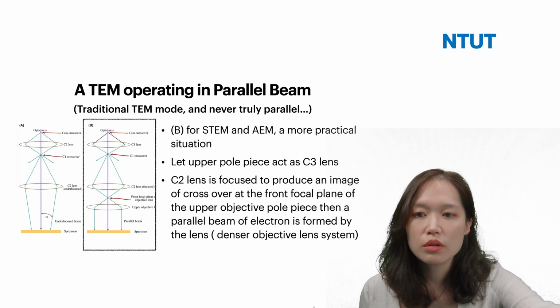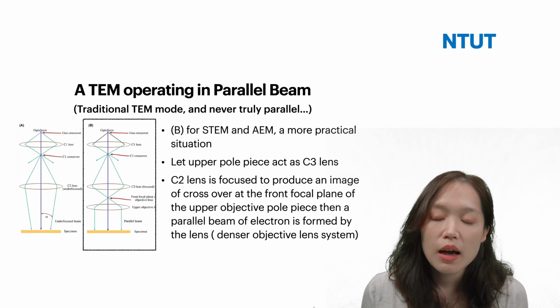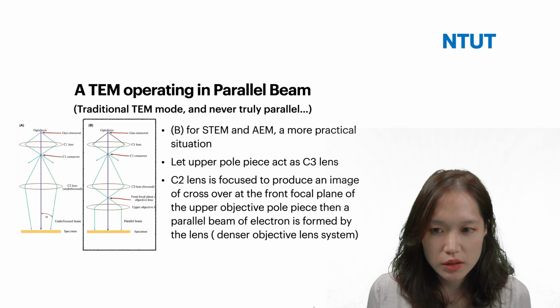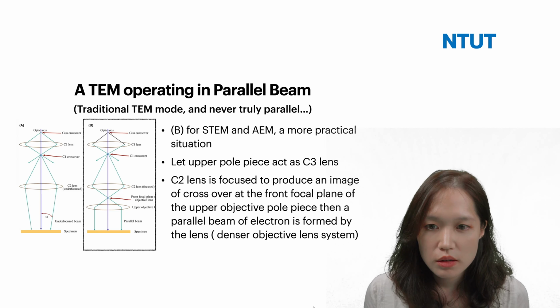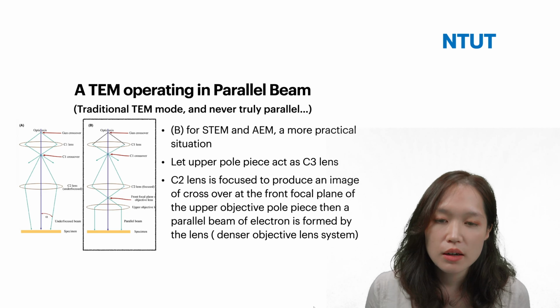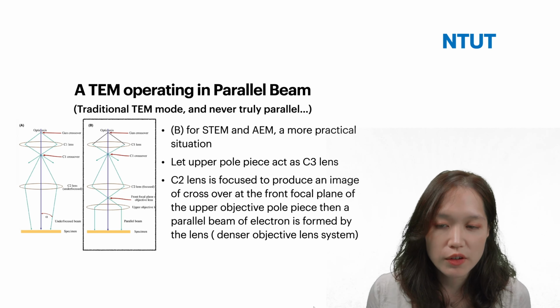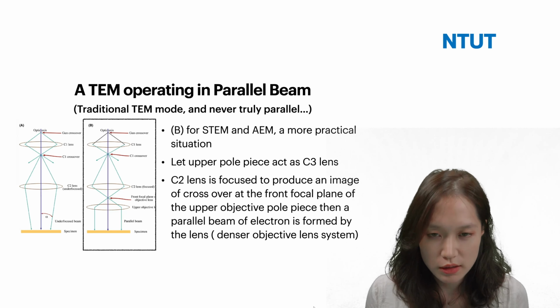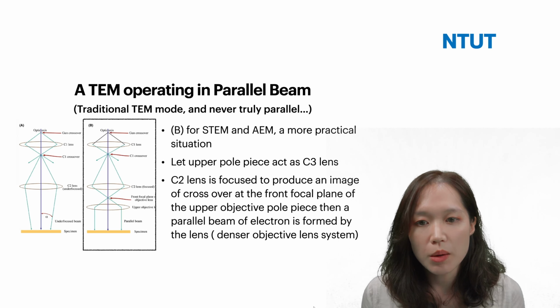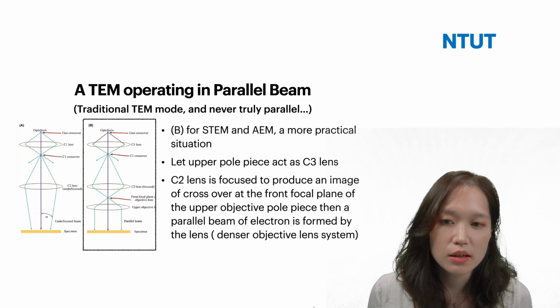And type 2, or type B, we use mainly for STEM or AEM. A slightly more practical situation here. So what we do now, to confuse everyone, is have a non-existing but existing C3 lens. We let the upper pole piece act as a C3 lens.